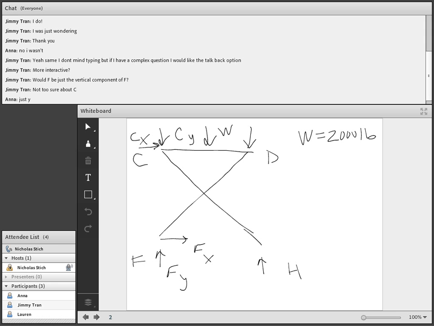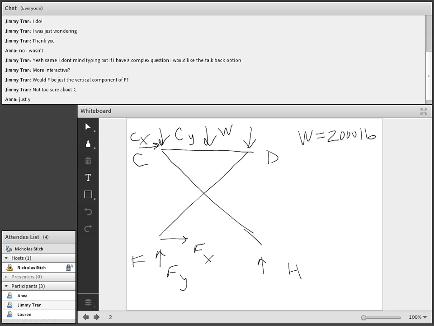Now, let's see. I'm going to go back a couple pages. So we used this simplified free body diagram to figure out the reactions at F and H while neglecting the reactions at C and D. Now, if we come back here, we know Fx, Fy, and H. So now, using this free body diagram, we have 3 unknowns, so we're going to be able to solve it if we want to.